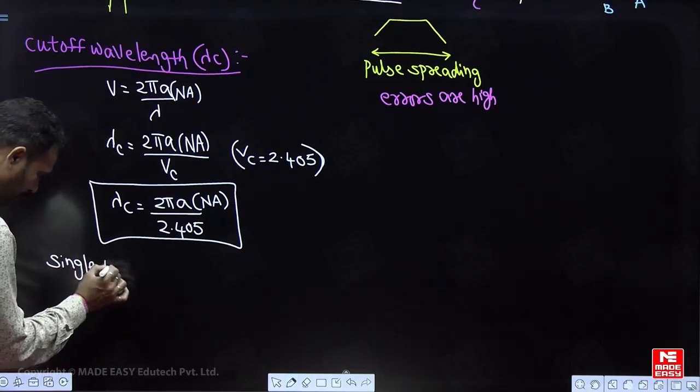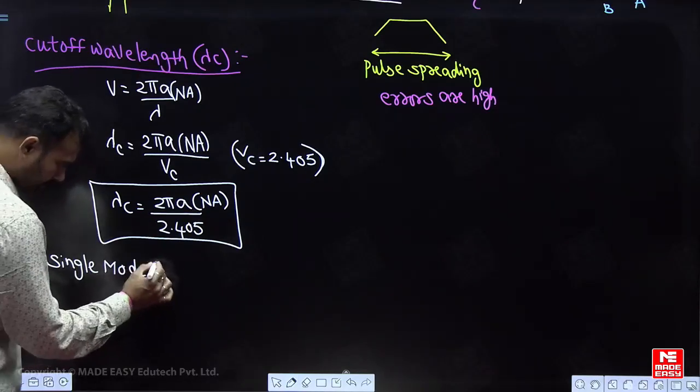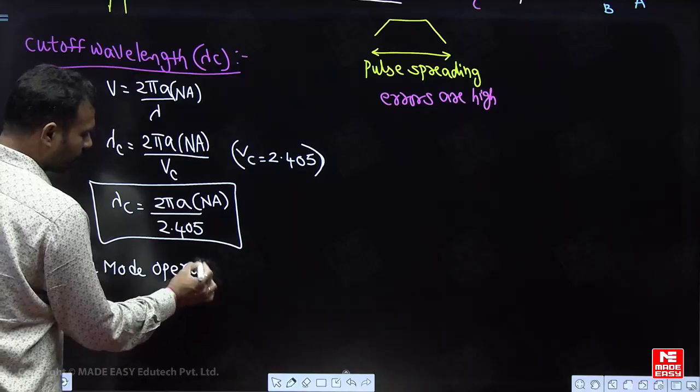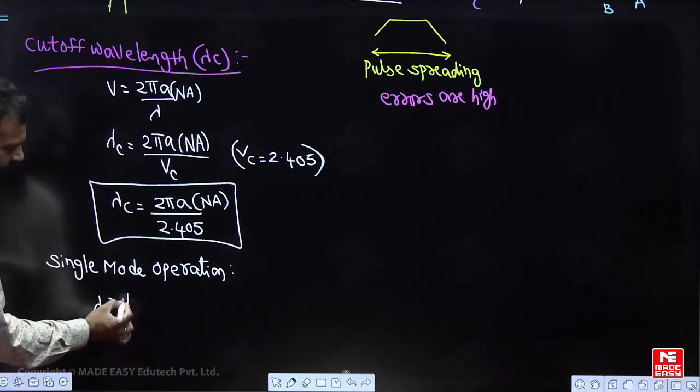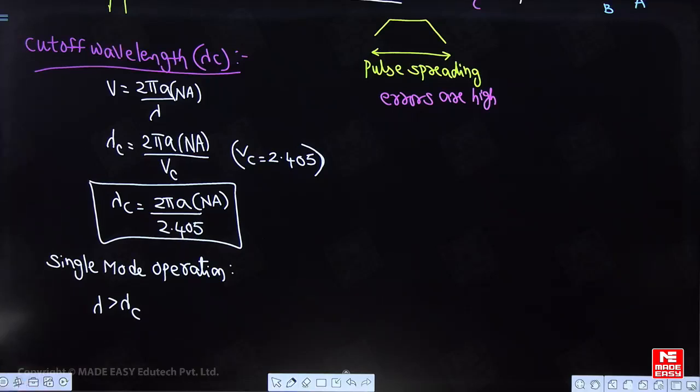For single mode operation, definitely your operating wavelength will be greater than lambda c. What is the operating wavelength we are having? Lambda, that should be greater than lambda c.